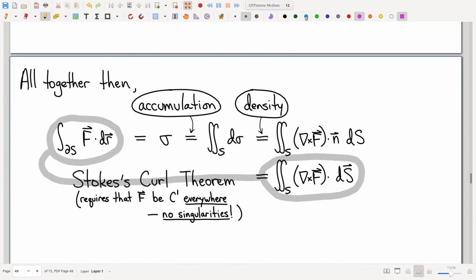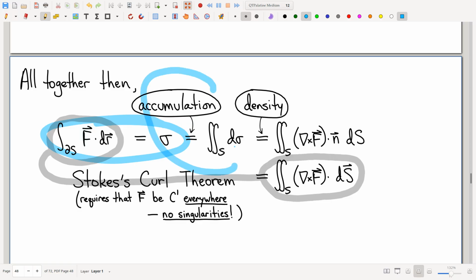We have this idea of a quantity on little pieces of surface. You give me a little piece of surface, and we talk about the boundary circulation for that little piece of surface. That is an accumulating quantity. The whole is the sum of the parts.